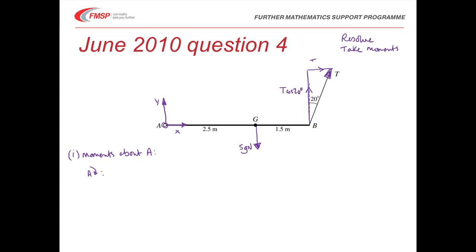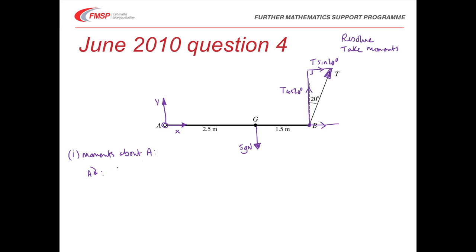And this horizontal component up here is T sin 20 degrees. Although, for convenience of drawing the diagram, I've drawn the force at the top there, in reality it acts also at the point B at the bottom here. So the line of action of this T sin 20 force is through the point A, which means I can ignore that when I'm taking moments.